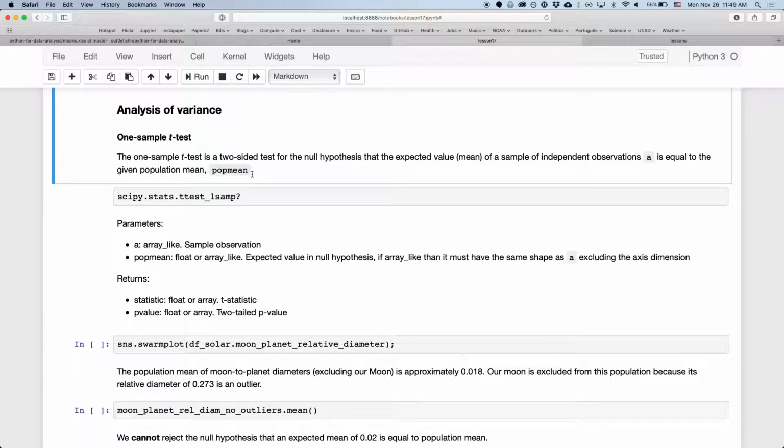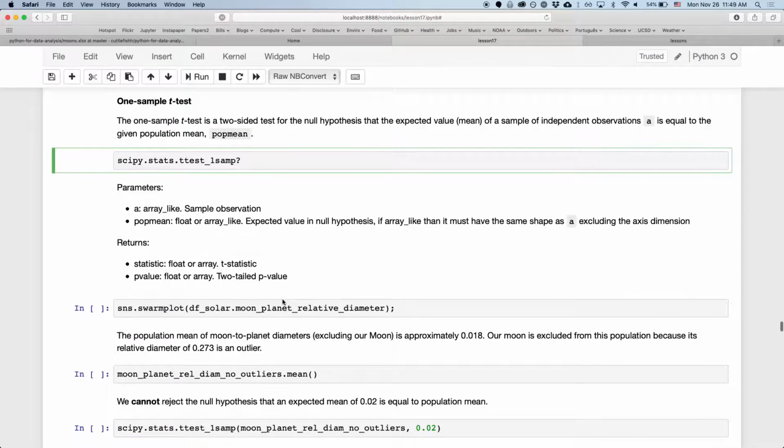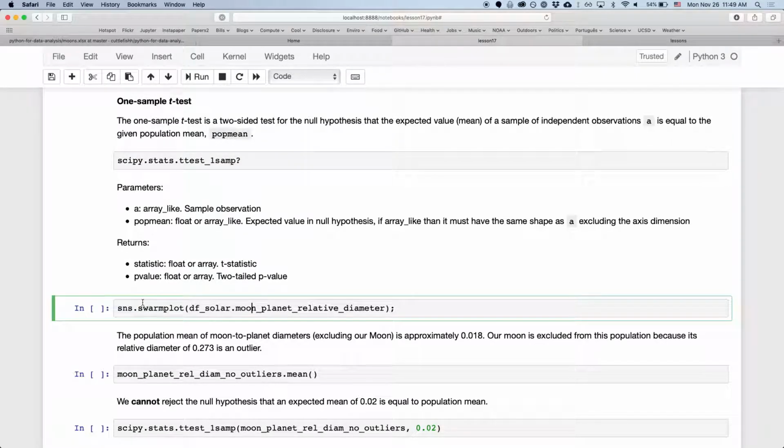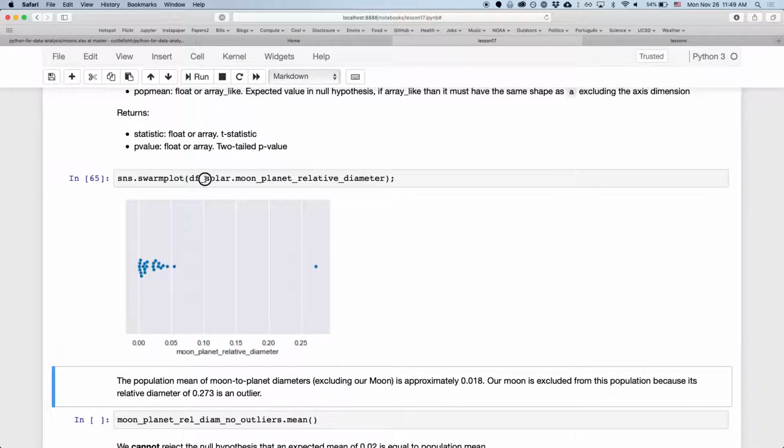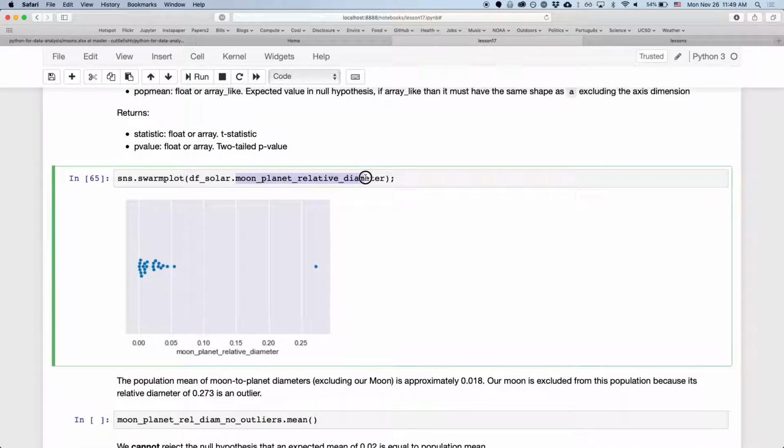And then somewhat related to that is analysis of variance. This is where you want to see if the means of two distributions are the same or not. There's a few different ways we can do this. We can do a one-sample t-test. First we can just plot the data here. Again, we're looking at this moon-planet relative diameter.